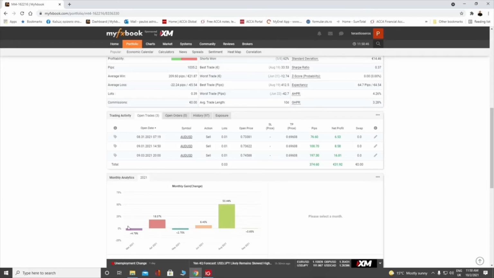I also had some losing months. I wasn't winning all the time, but my average is 1000 pips. So if I risk $1 per pip, I have 1000 in my account. If I risk 10, I would have 10,000. And that's why I told you that the meaning and the value of money is not important.